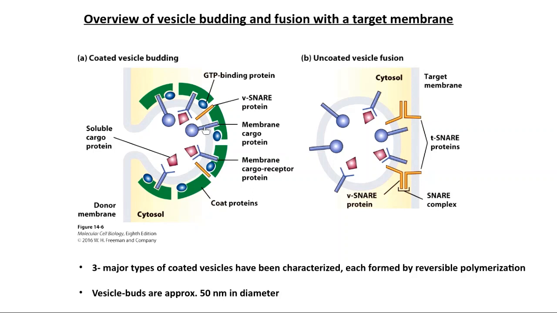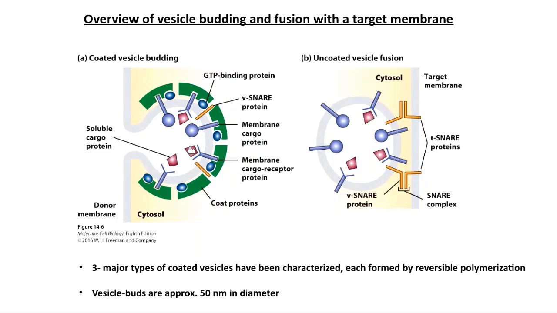Sometimes these membrane cargo proteins also become membrane cargo receptor proteins, and they actually bind the necessary soluble cargo proteins, which are the diamond shaped purple structures. These are the actual soluble cargo proteins, the most important part, which need to be transported to the other compartment.